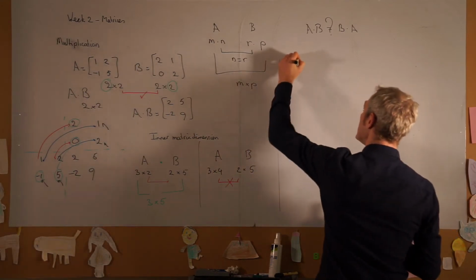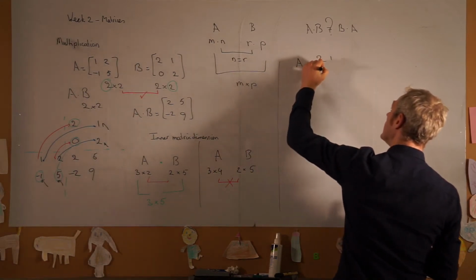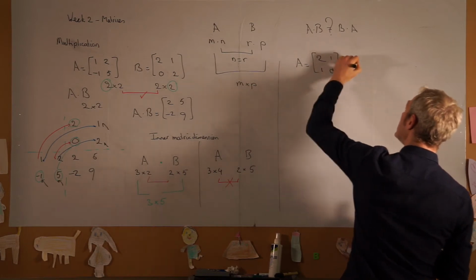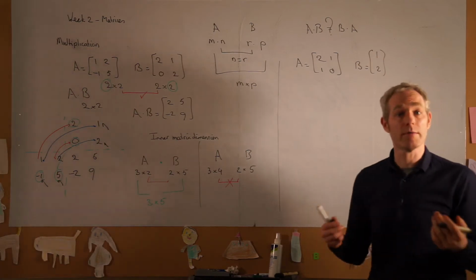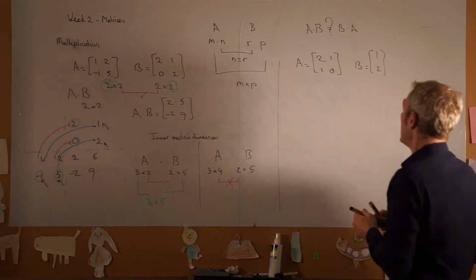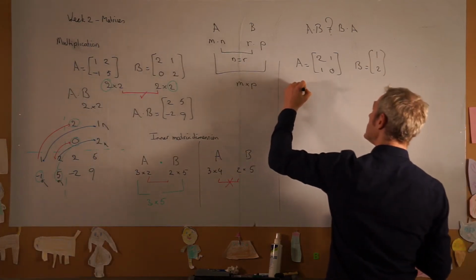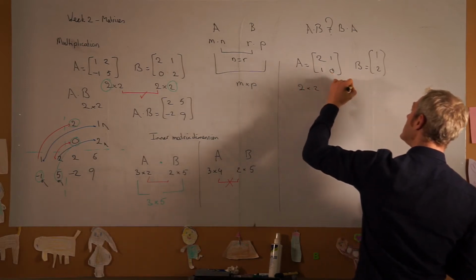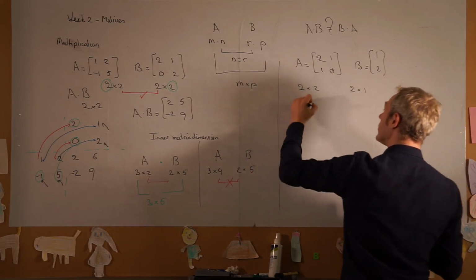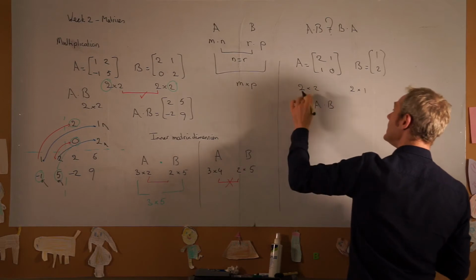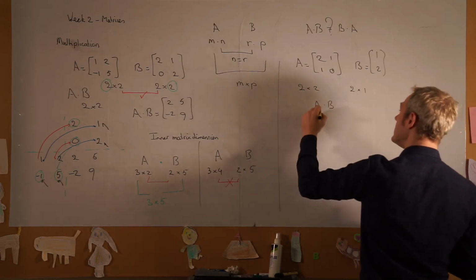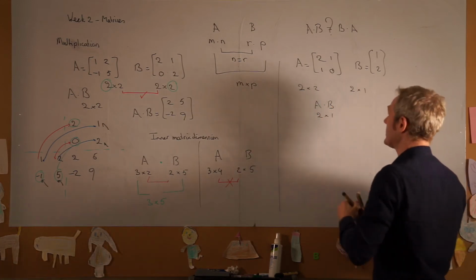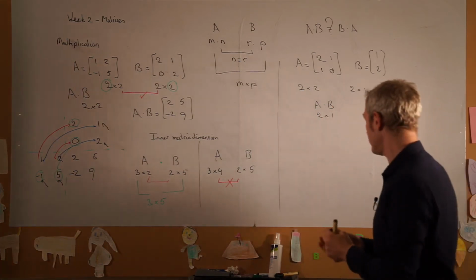If we take A equal to [2, 1; 1, 0], and we take B equal to [1; 2], which is a 2 by 1 matrix. Now, we know that A is 2 by 2 and B is 2 by 1. So A times B, well, these inner matrix dimensions agree, will be a 2 by 1 matrix. And I'll show you how that works.